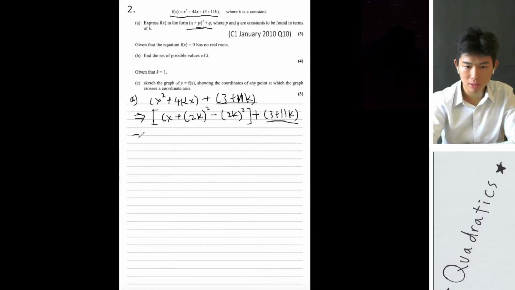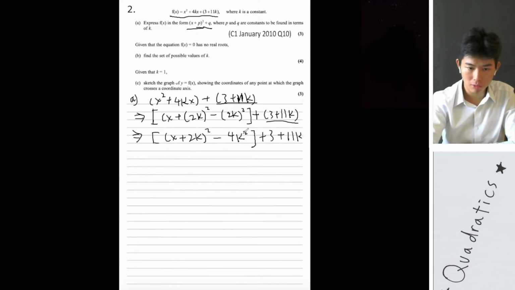After that, (x plus 2k) squared minus 4k squared, close the big brackets, plus 3 plus 11k. And the final step would be (x plus 2k) squared minus 4k squared plus 11k plus 3.